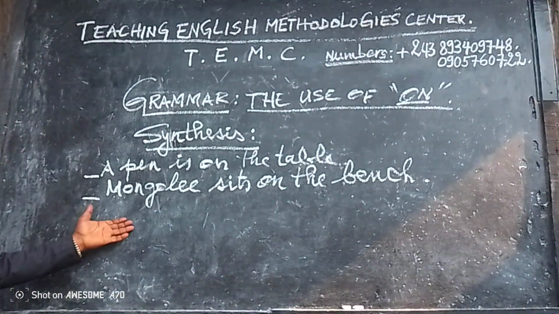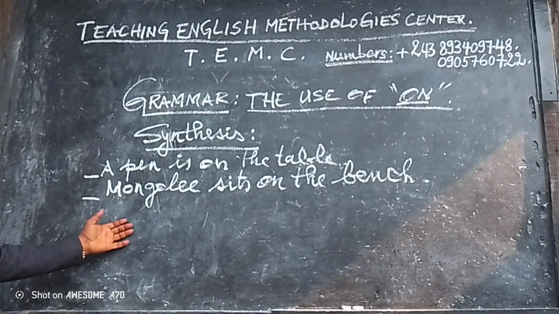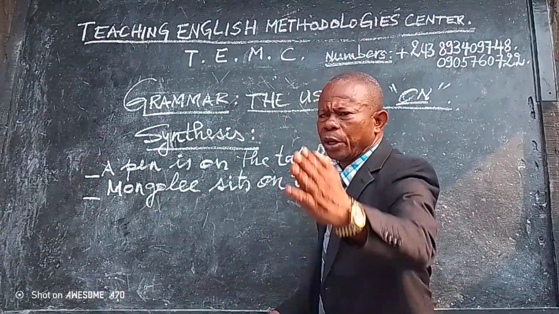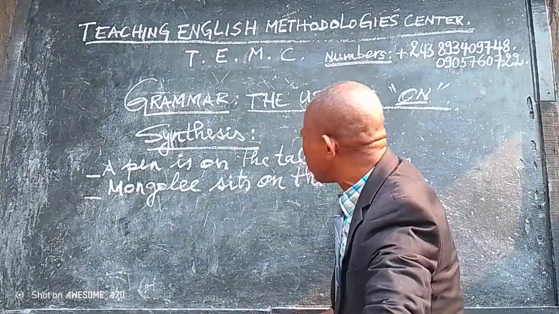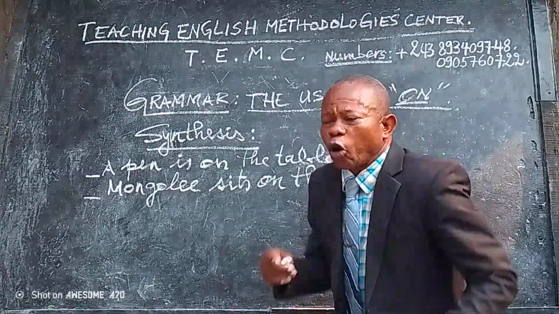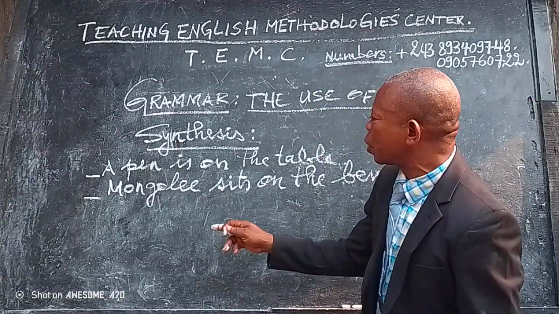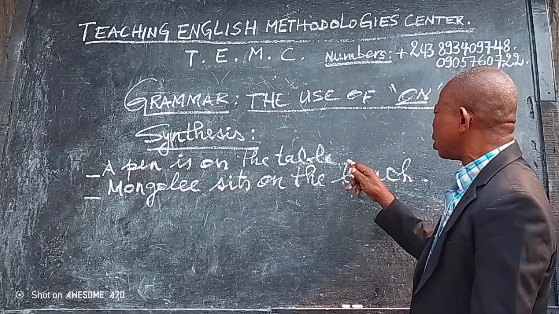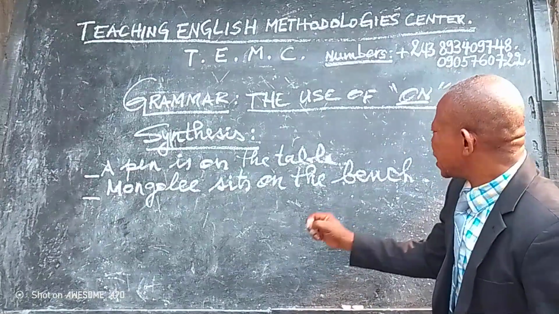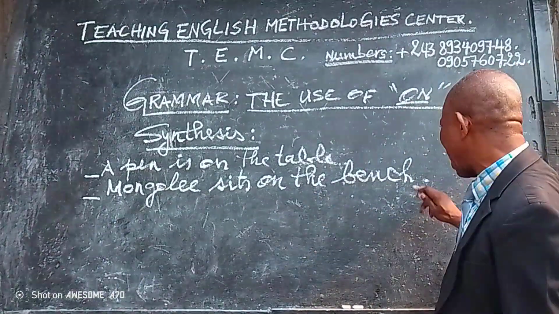You ask them to read the first sentence. You point at a pupil. You say, read the first sentence. He or she is going to read, a pen is on the table. The second, Mongolais sits on the bench.